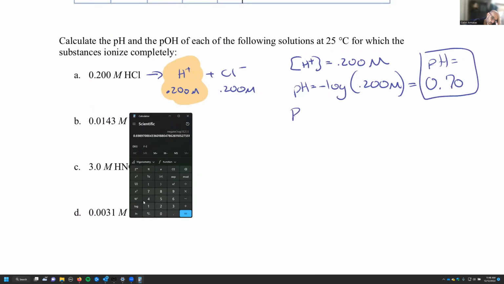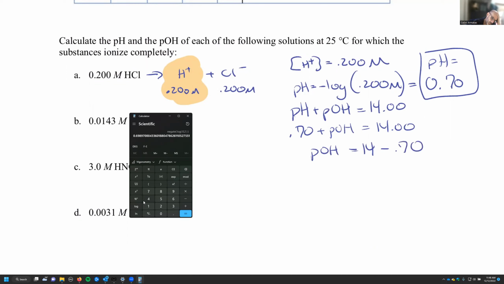Well, so that's pH. What is the pOH? Well, I know pH plus pOH equals 14. So I know pH being 0.70 plus pOH equals 14. pOH equals 14 minus 0.70, which equals 13.3.